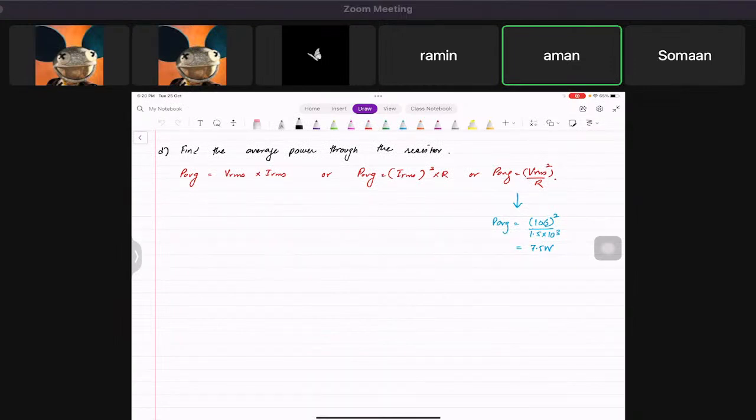So now we're going to start with rectification. Rectification is a very, very important topic, and this is mostly in this chapter. This will come.